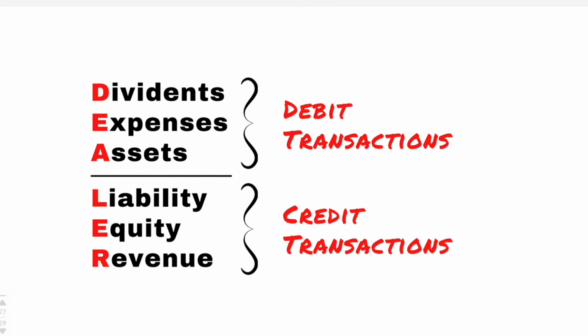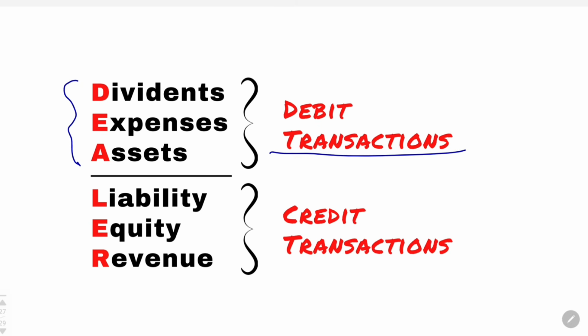Now, what is DEALER? DEALER is an acronym for dividends, expenses, assets, liability, equity, and revenue. If our transaction involves a creation of an expense, asset, or dividend, or a reduction thereby, it is a debit transaction.